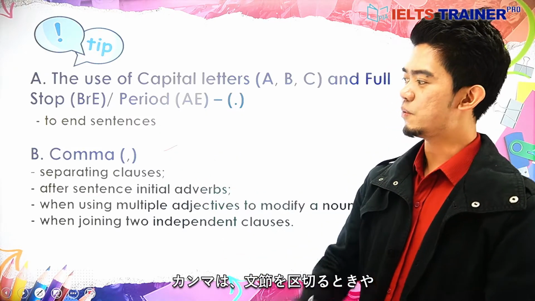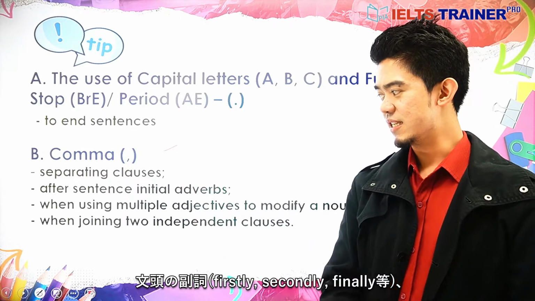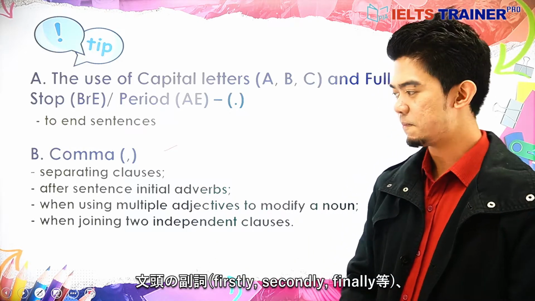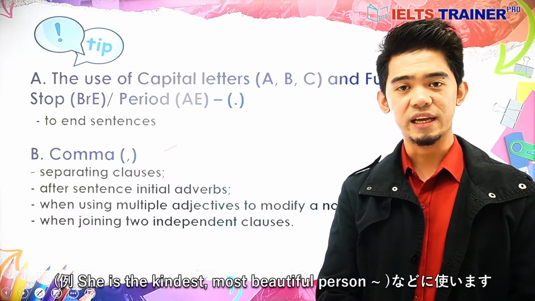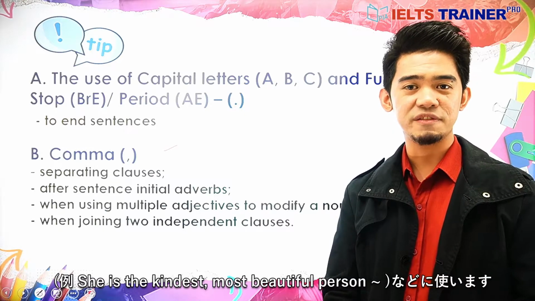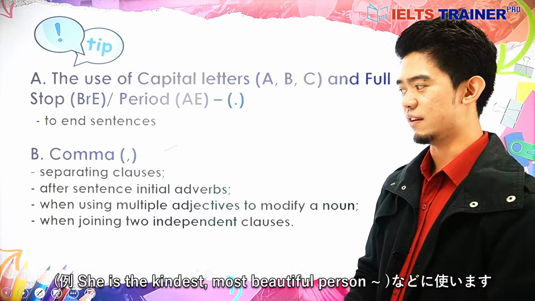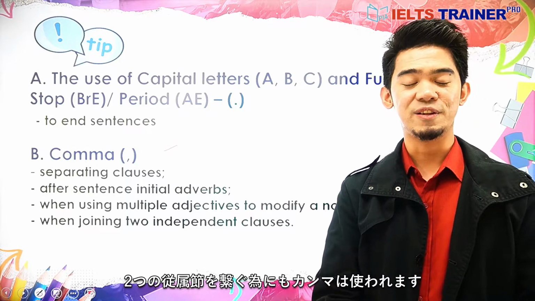Also, for comma, we use this to separate our clauses. After sentences, initial adverbs like firstly, secondly, or finally. When using multiple adjectives to modify a noun, like for example, she is the kindest, most beautiful person I've ever met, yeah, we have to put commas there. And lastly, when joining two independent clauses.